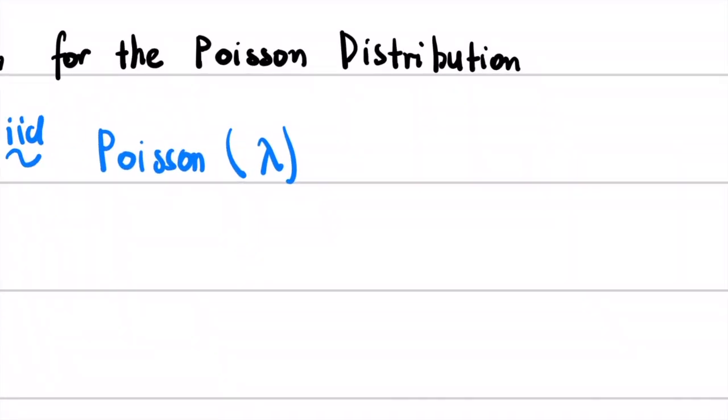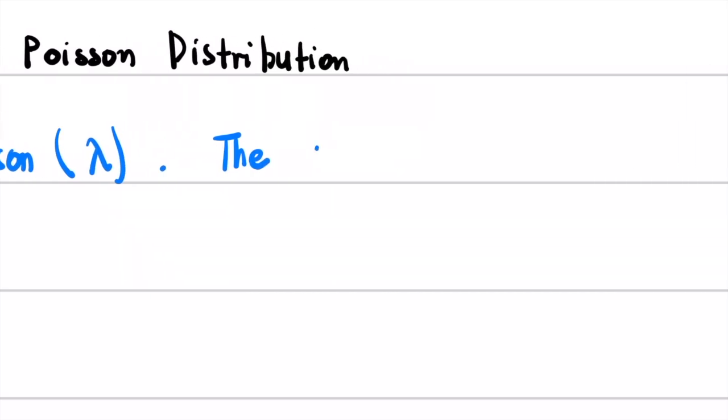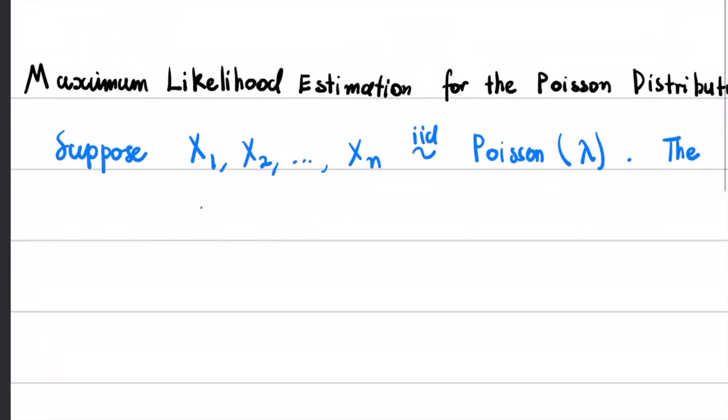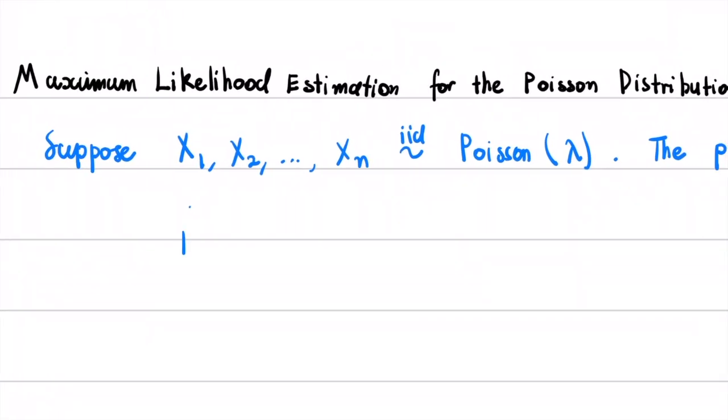Now, if this is the case, then the probability mass function, or the PMF, of each xi is given by this particular formula here. We write P of xi given lambda, so that of course is the parameter lambda, is given by e to the negative lambda, lambda to the xi over xi factorial.